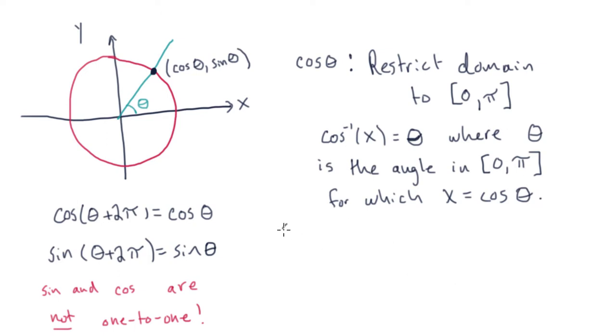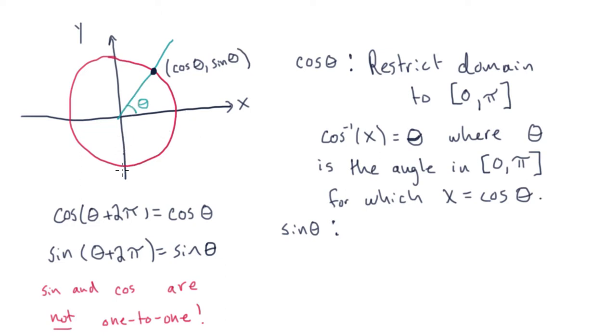Okay, so we can do something similar for sine theta. But now for sine theta, sine is the y-coordinate. And so going from 0 to pi, this angle here seems to have the same y-coordinate as over here. So we don't want to restrict to 0 to pi because sine is not going to be one-to-one on 0 to pi.